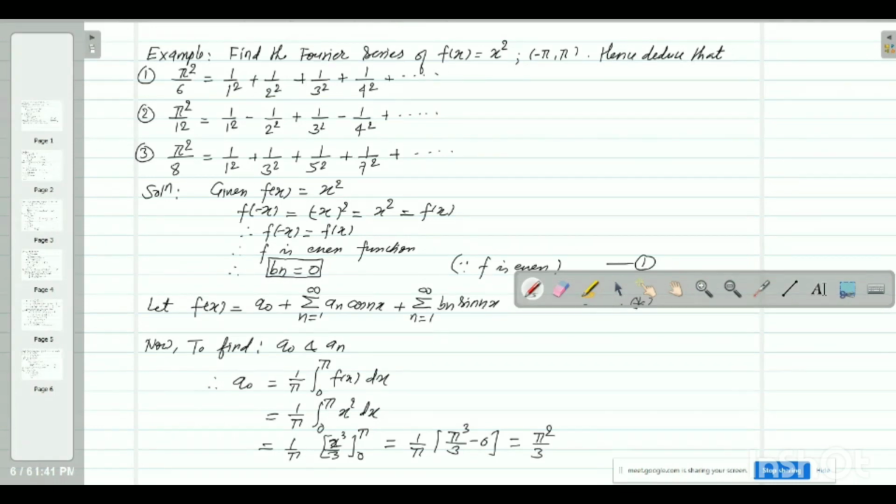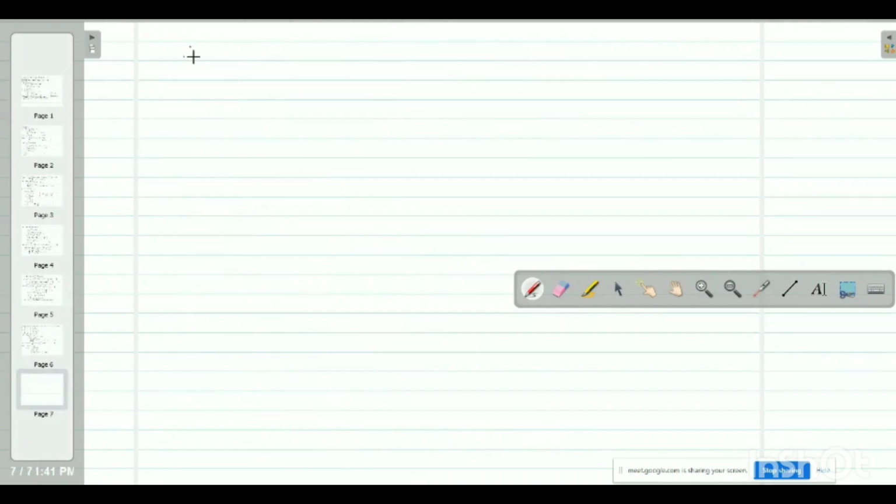So therefore we have a naught is pi square by 3. Name this equation number 2. Now we have the formula for a n.